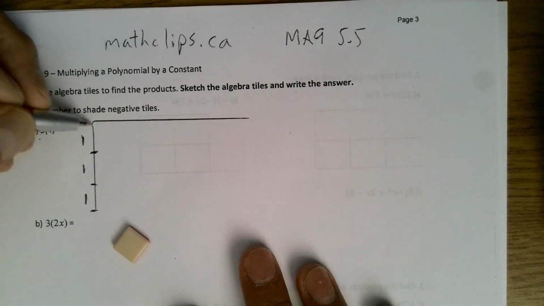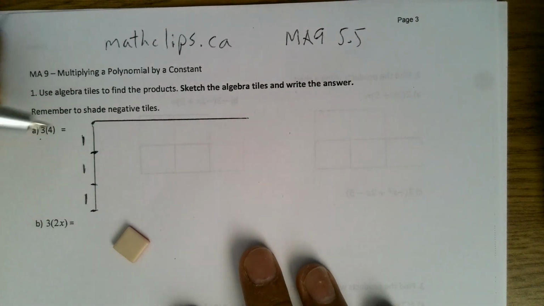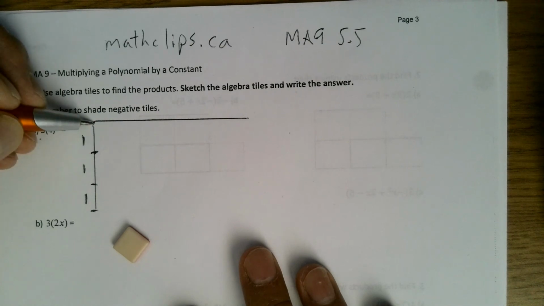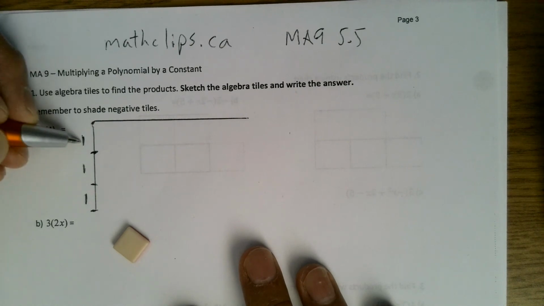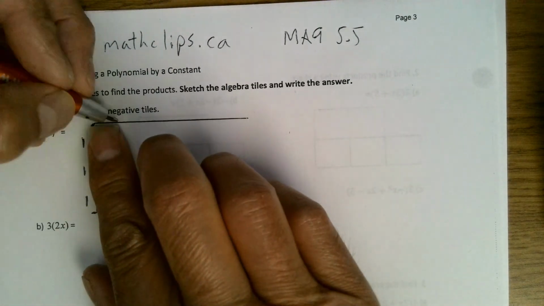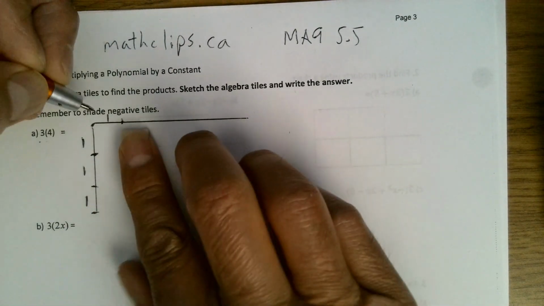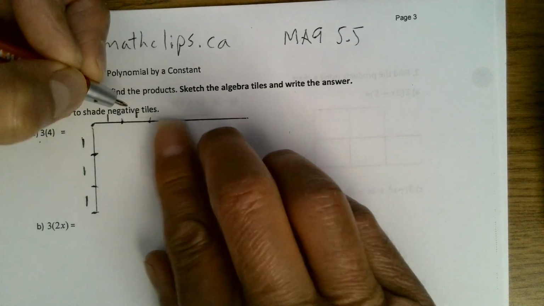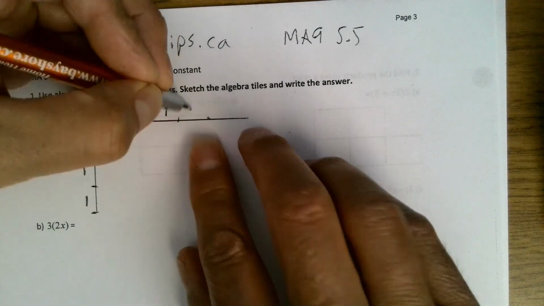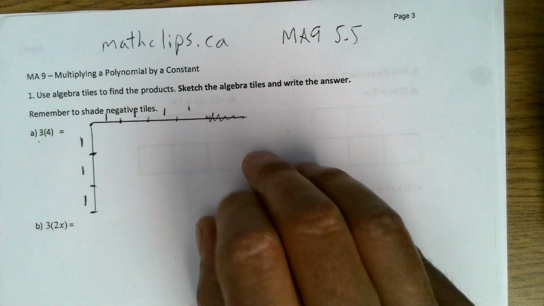I'm labeling the distance from here to here. So notice your 1 does not go at the tick, it goes on the distance between these two ticks, which is 1. Okay, and now I'm going to do the distance 4 up top. So there's a 1, there's another 1, there's another 1, there's another 1, and we don't need those.